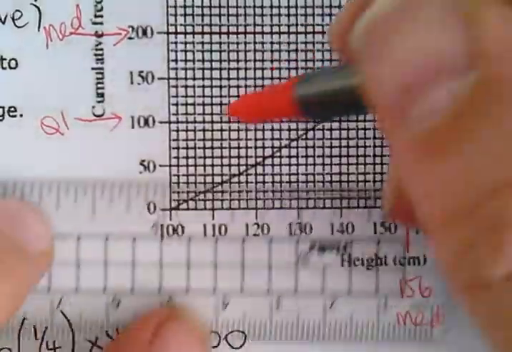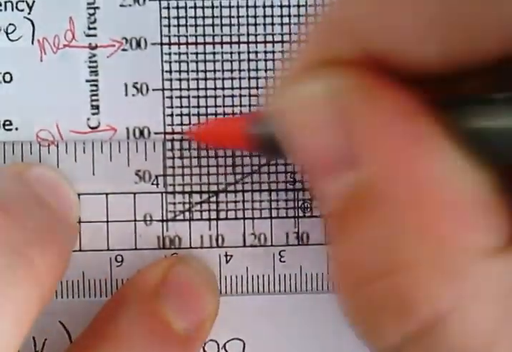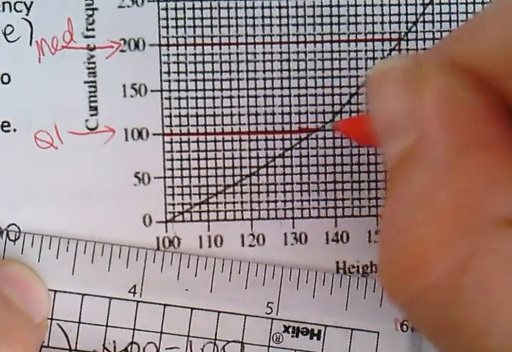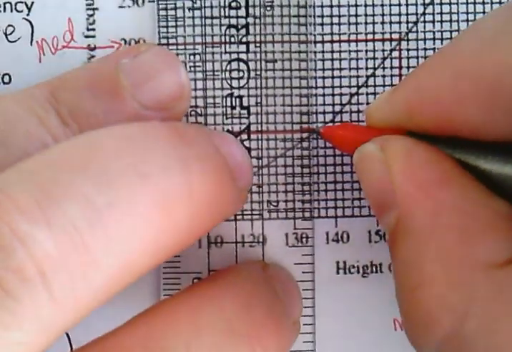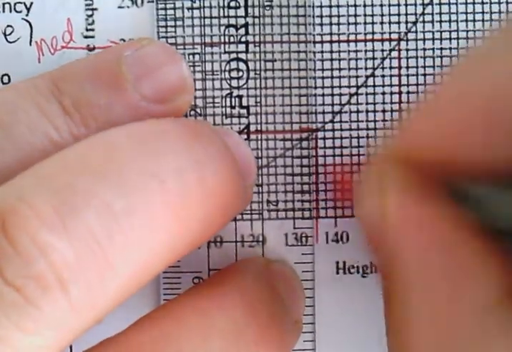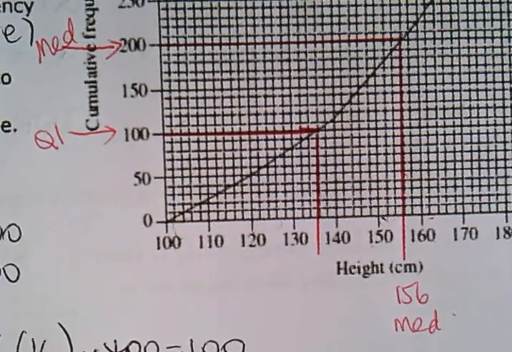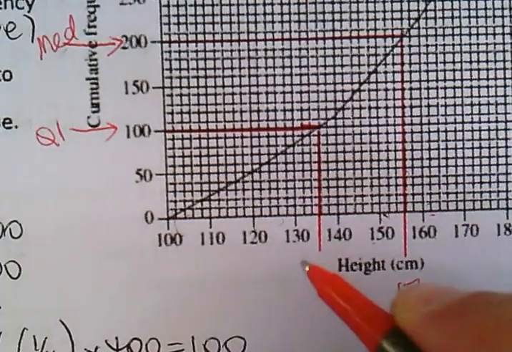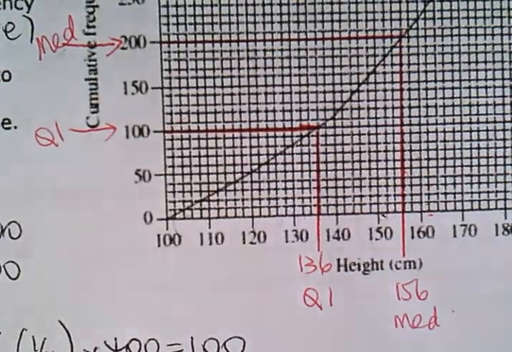Q1, we come across at 100. We hit the line. Oh, I can barely see it. I think the line's there. Down there. What are you getting? 132, 34, 36. That's Q1.